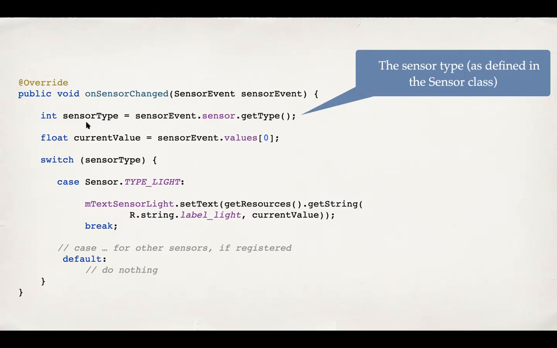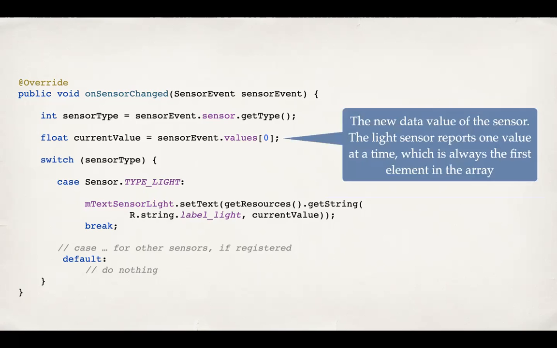So the sensor type is the predefined type, as we have seen, that you will get from the sensor event. So sensorEvent.sensor, and what is the type of that? We'll use it to differentiate between different sensors. There is only one listener method, and then you'll have a bunch of switch case or if-else things to determine which one.